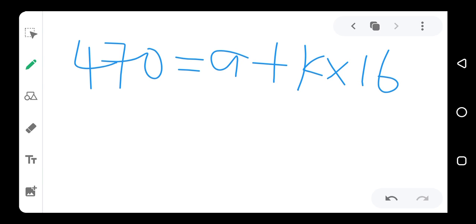So it's equal to K times 16. K times 16 is the same thing as 16K.